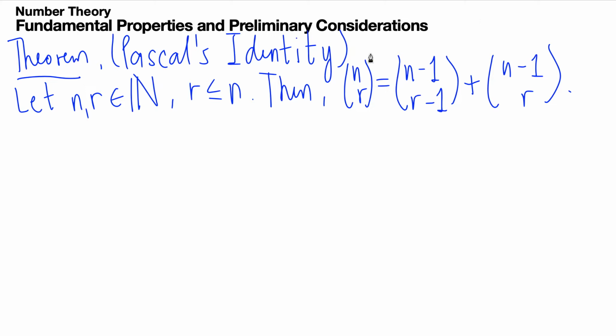Let's give a proof for this theorem, Pascal's identity. What we're going to do is equate the left hand side and the right hand side to show that they are equal. Why don't we just simplify the right hand side and make it equal to the left hand side?